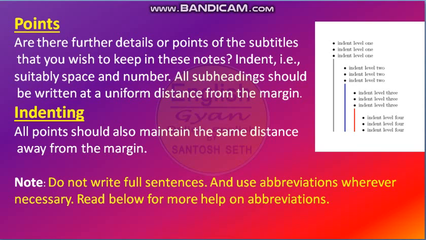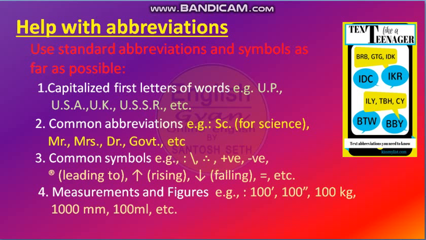You should not use full sentences. You'll have to use abbreviations wherever necessary. And now let us see how to write abbreviations. There should be standard abbreviations and symbols. For example, you can see UP, Uttar Pradesh, USA, UK, USSR.